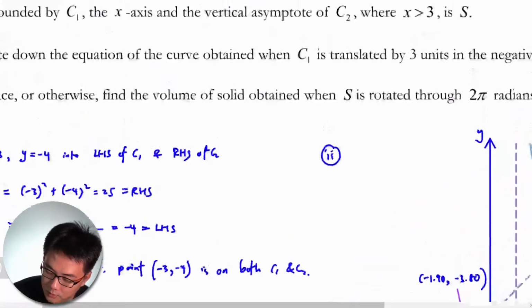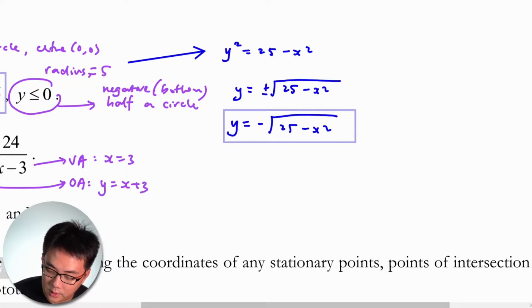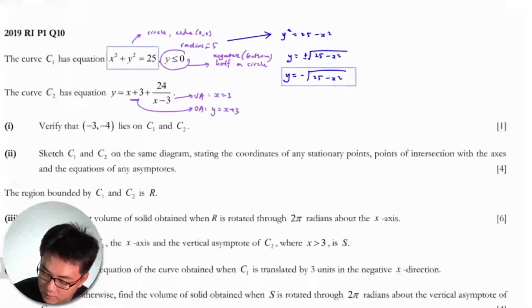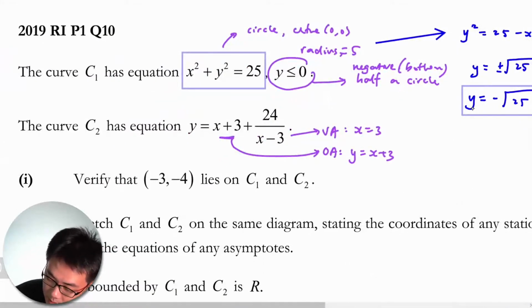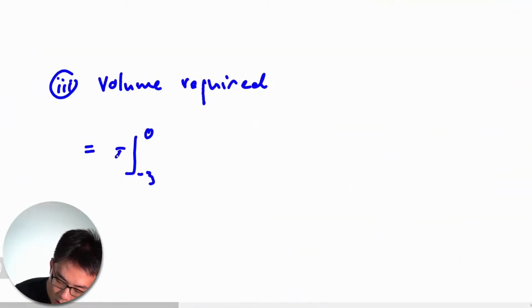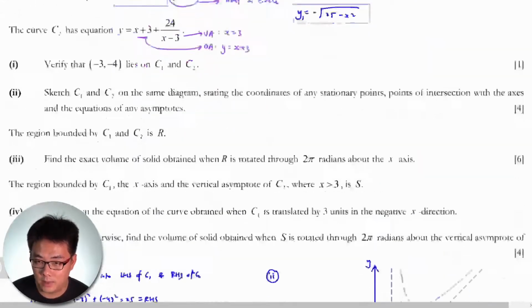Remember, this is the equation that you're using, which is actually a negative one. I'm just going to let this be y1. So pi, integral of y1 squared minus y2 squared dx, revolve about it.